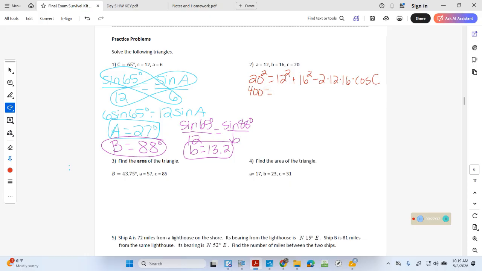Okay, now remember, we cannot punch in all these numbers in one fell swoop on this side. They're not all like terms. This at the end has cos of C, these do not. So I did punch these in my calculator. I just did 12 squared plus 16 squared, that's 400. And then I did 2 times 12 times 16, I multiplied that together.